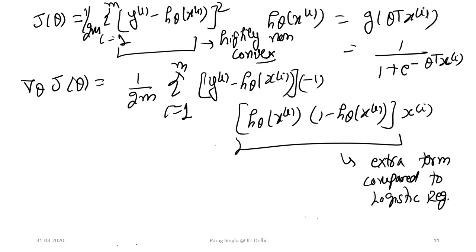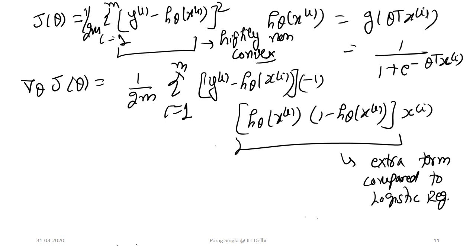Okay, therefore the gradient of J(theta) can be written as 1 by 2m, sum over i equal to 1 to m of (y_i minus h_theta(x_i)) into minus 1 into h_theta(x_i) into (1 minus h_theta(x_i)), and this is coming from the derivative of the sigmoid, these two terms, into x_i, right?